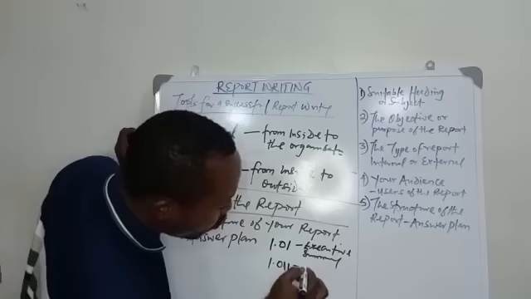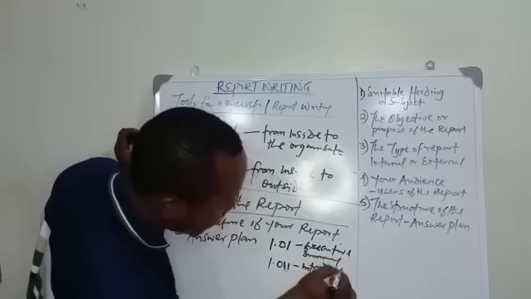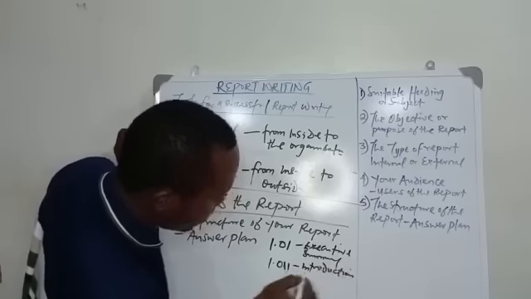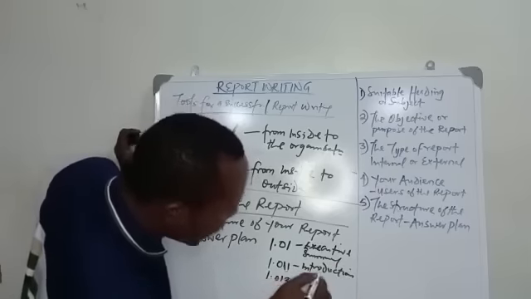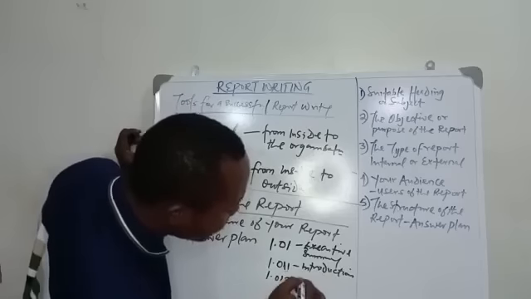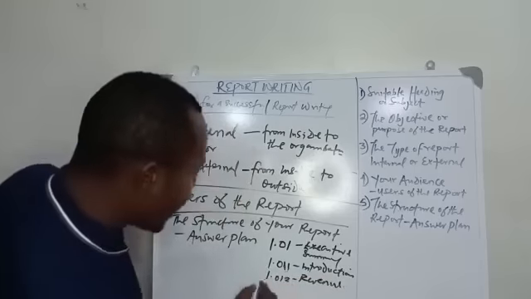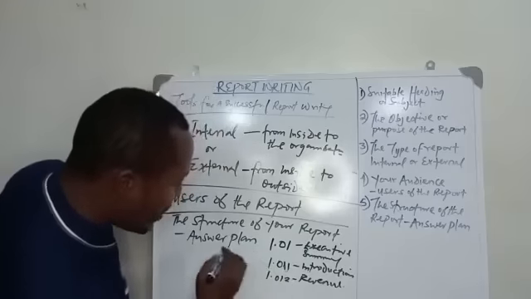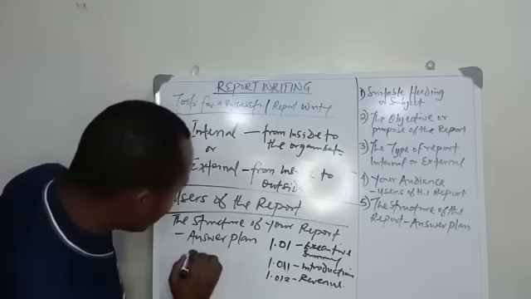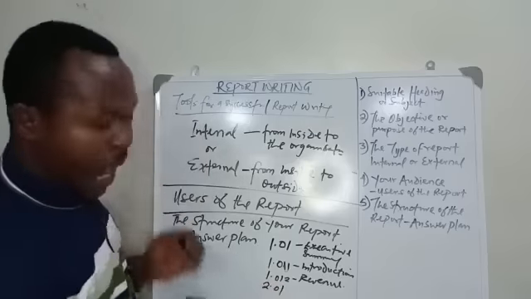That means you are writing the introduction under the executive summary. Then 1.012, maybe under the executive summary, you are writing revenue, and so on. And probably by the time you get to the body of the report itself, under your introduction will now be 2.01. I hope you are following.